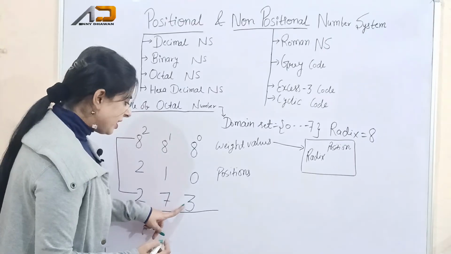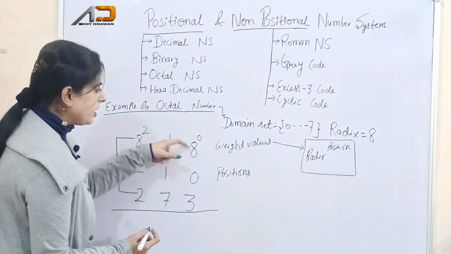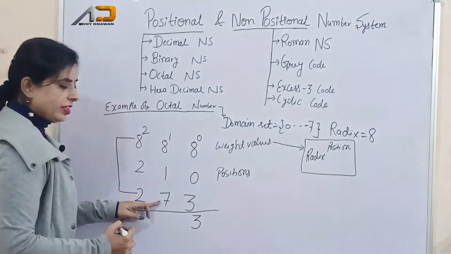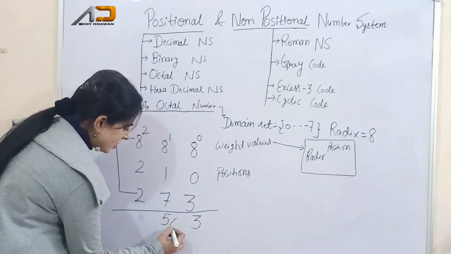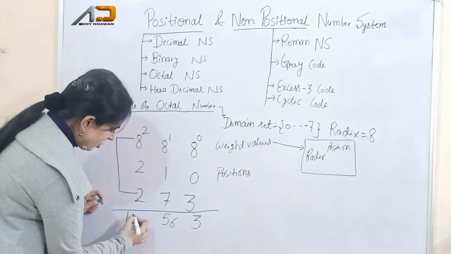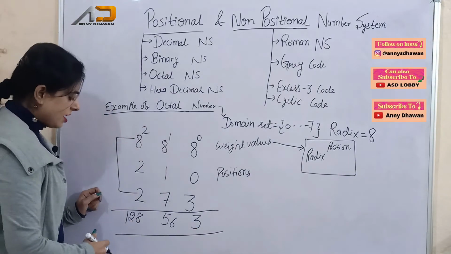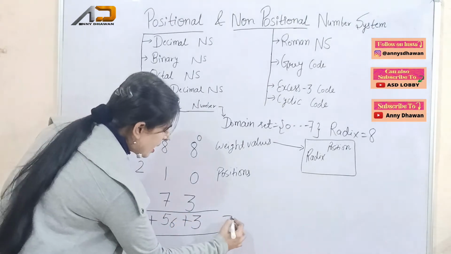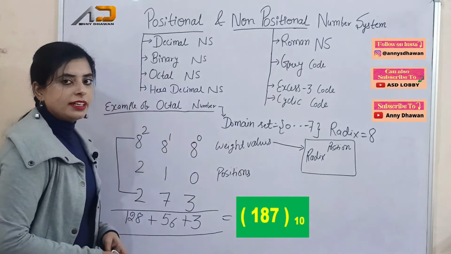That is, multiply 3 by its weight value 8 raised to the power 0 and you will get 3 here. 7 multiplied by 8 raised to the power 1, you will get 56 here. 2 multiplied by 8 raised to the power 2, you will get 128 here. And to get the final answer, add the values of all the positions, and you will get 187 to the base 10.